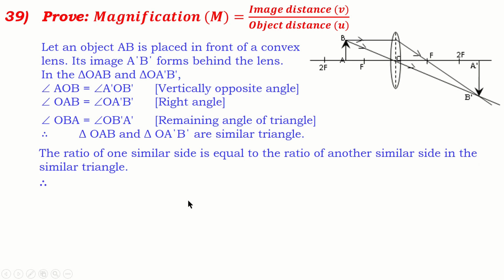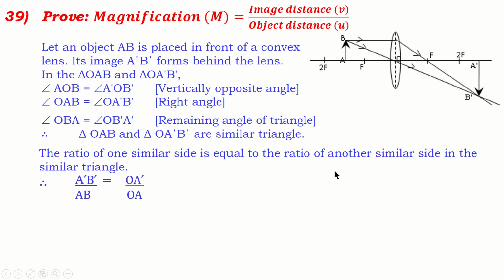The ratio of one similar side is equal to the ratio of another similar side in similar triangles.